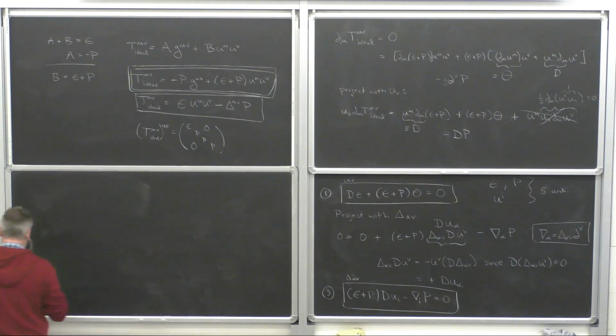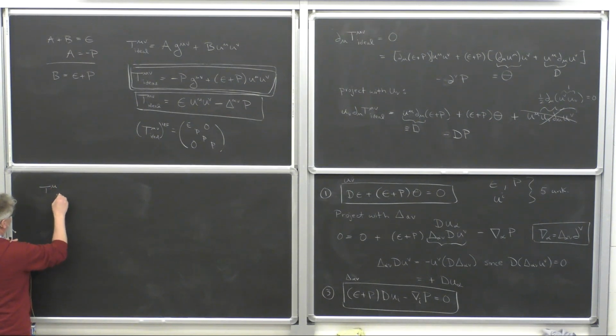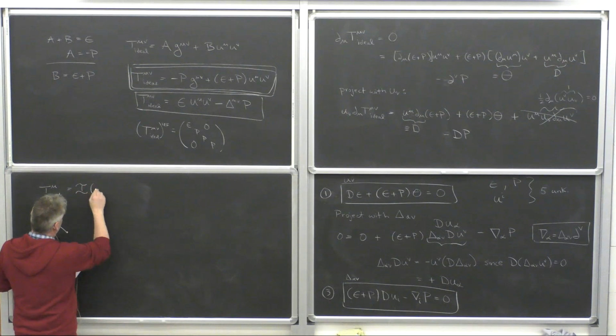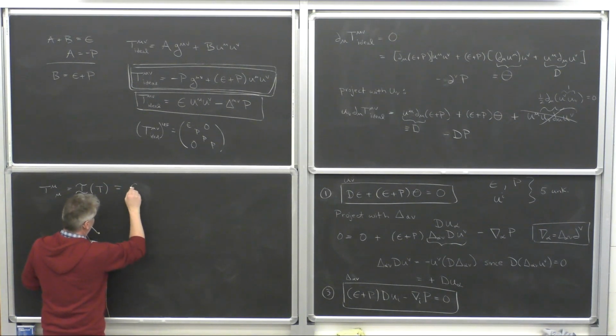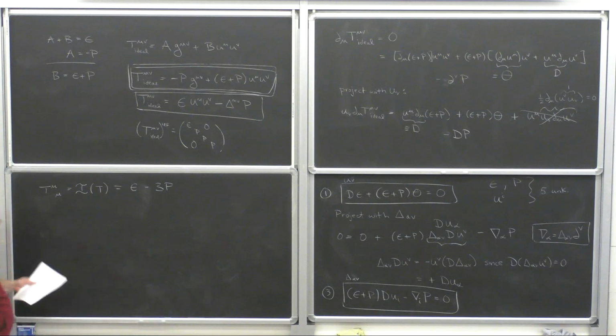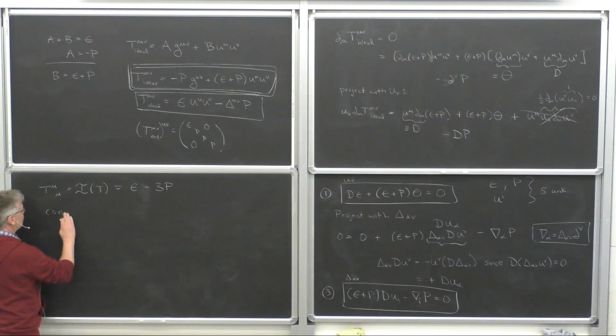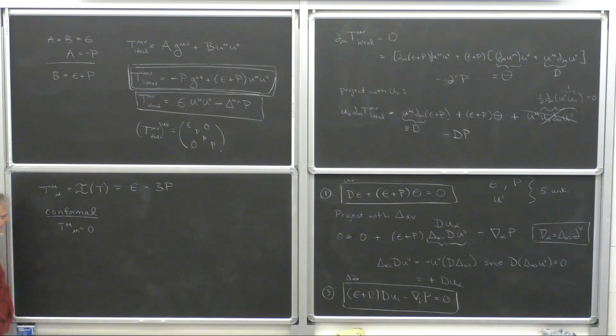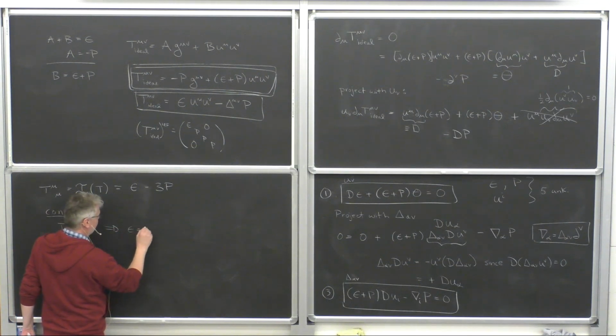Now, formally, this comes from the trace of T mu nu, which is something called the interaction measure, and it can depend on T. From the general expression above, it's just energy density minus 3 times P. In a conformal system, the energy momentum tensor trace is 0, the interaction measure is 0, and then E is equal to 3P.